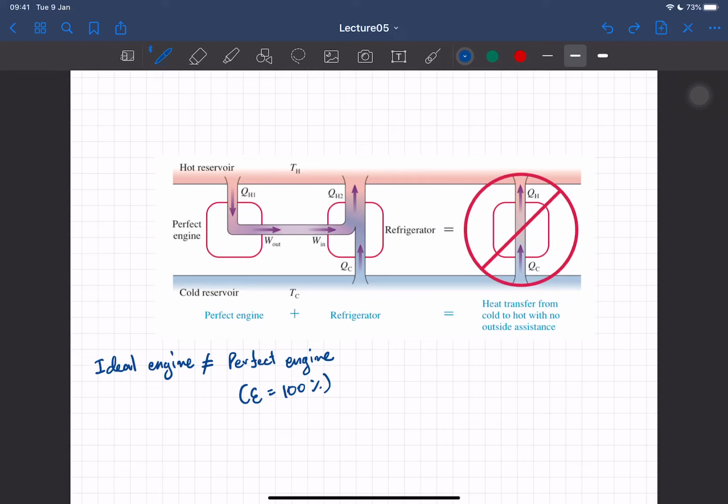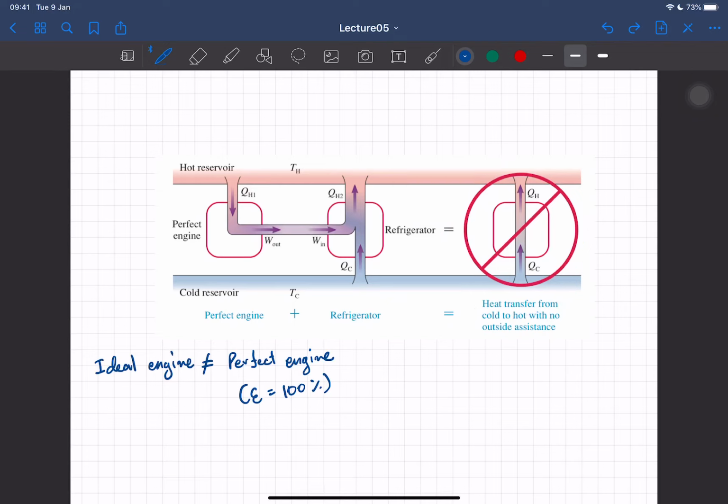So what happens is that if you have a perfect engine and you have maybe not so perfect refrigerator, you can combine them, because all the work that you get from the perfect engine can be fed into a refrigerator, right? So a heat engine combined with a refrigerator, in the end, what you get is the net effect of this one.